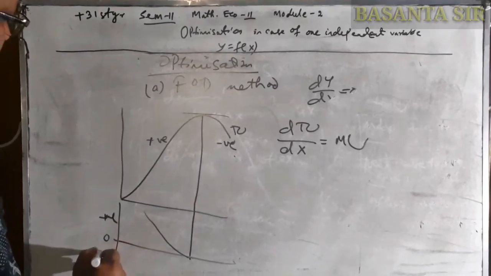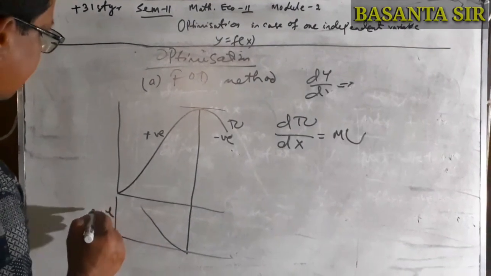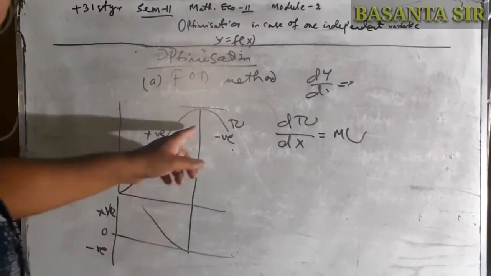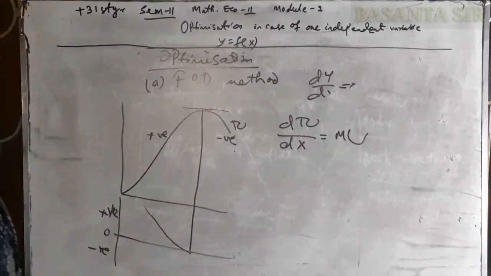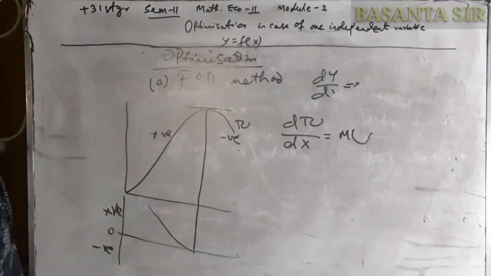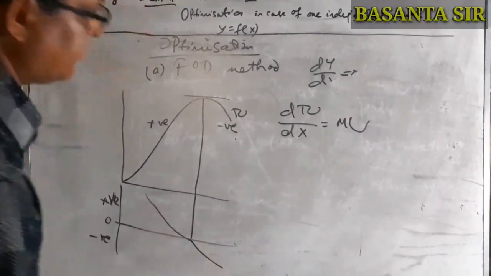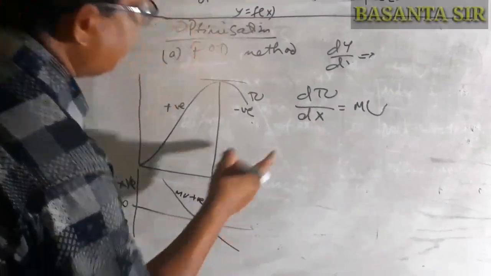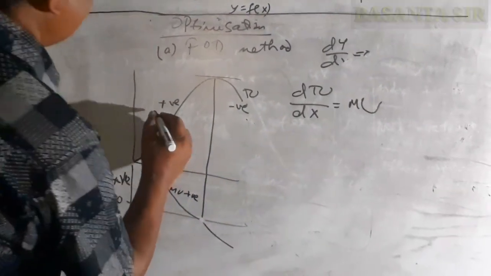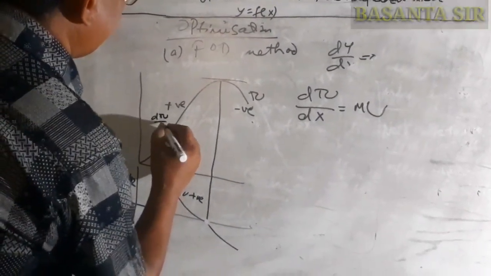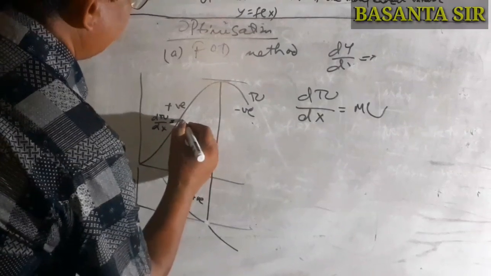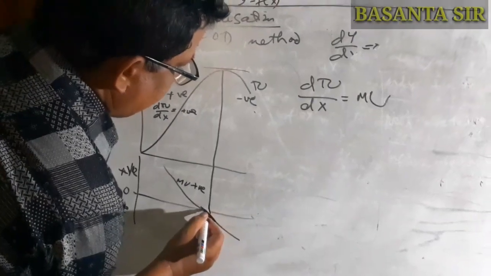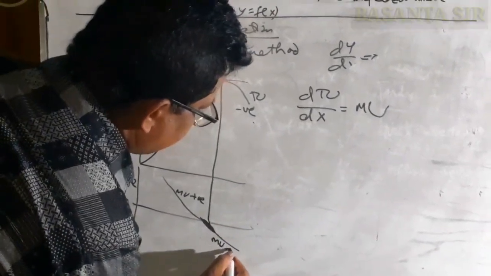Positive and then negative. Marginal utility is positive, it is falling, but it is positive. We find that this function is rising, and after that 0 it is negative. Marginal utility is positive here, so the first order derivative is positive, du by dx is positive, and after that MU is negative.